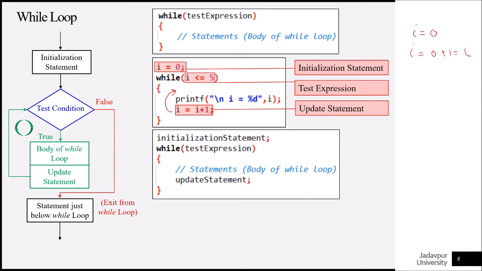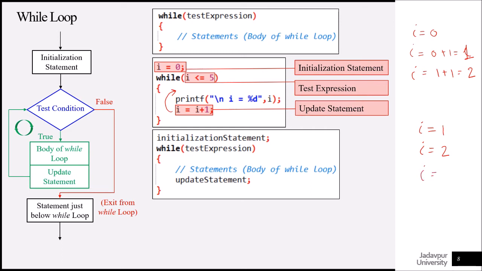Then there is the printf statement, and it would print the output as i equal to 1. Then it goes back to the test condition again, which is true again. So the while loop is entered, and there is the next update of the value of i, and it becomes 2. The printf would give us i equal to 2. So like that, it is going to continue.